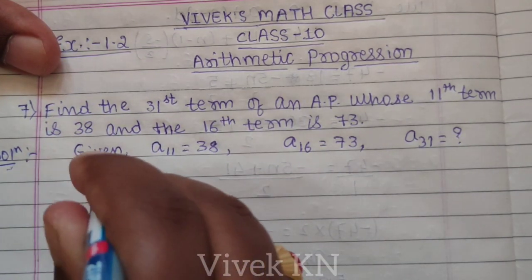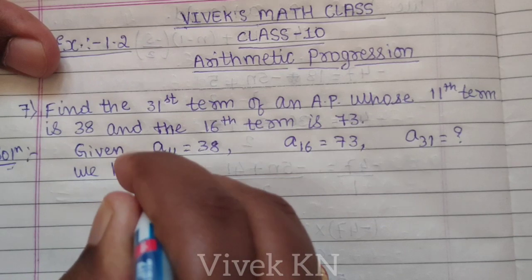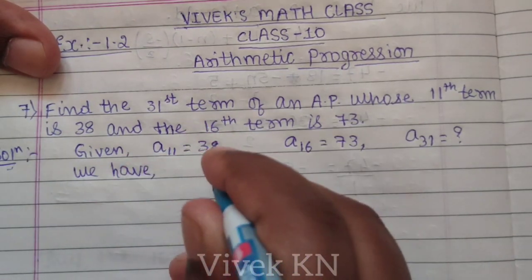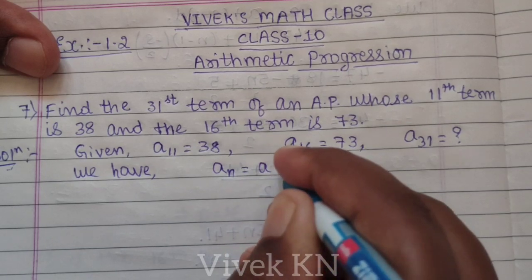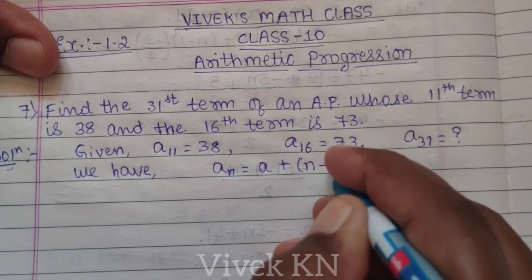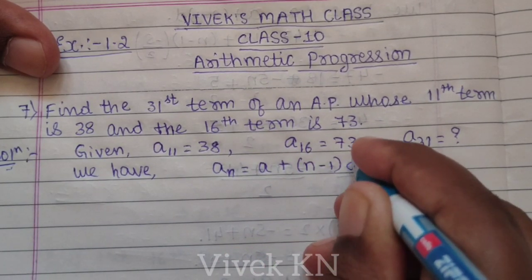We have the nth term of an AP formula, an is equal to a plus n minus 1 into d.